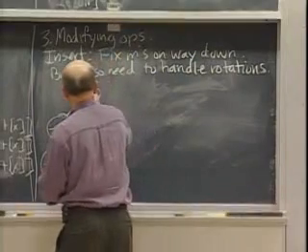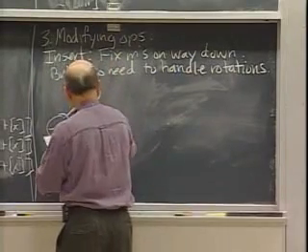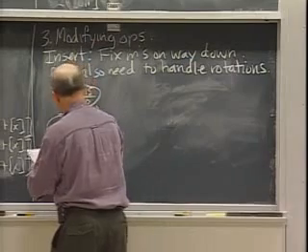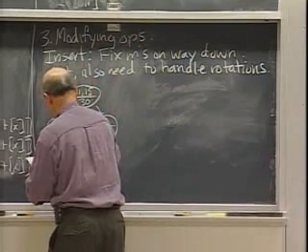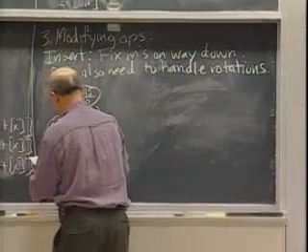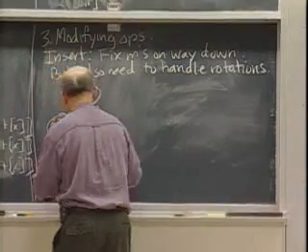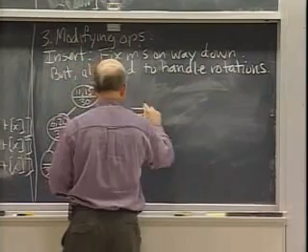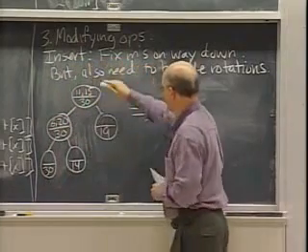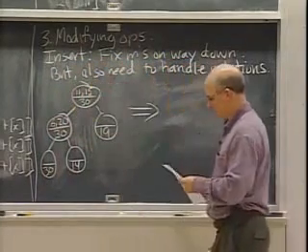So let's say this is 11, 15, 30. Let's say I'm doing a right rotation. It's coming off from somewhere.